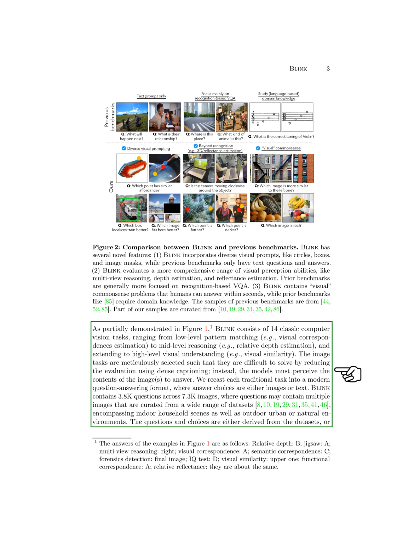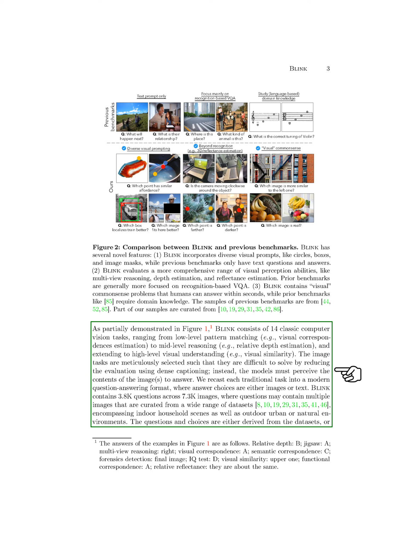Blink comprises 14 classic computer vision tasks, spanning from low-level pattern matching to high-level visual understanding. These tasks are carefully designed to require genuine image perception for accurate answers, moving away from relying solely on dense captioning. Blink consists of 3.8K questions across 7.3K images, covering a diverse range of indoor and outdoor scenes.